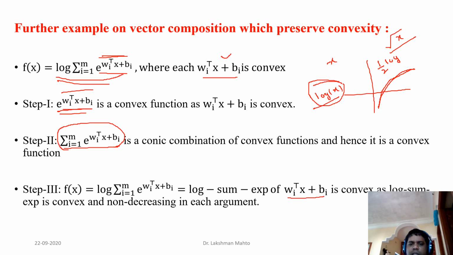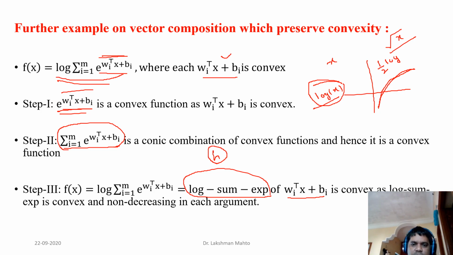That's why we try to look at this function from a different perspective. If you look at this function as log sum exponential of this affine function, then we had already seen that the log sum exponential function is always a convex function. In the last slide, from second order characterization, we had already seen that this one is your h function.